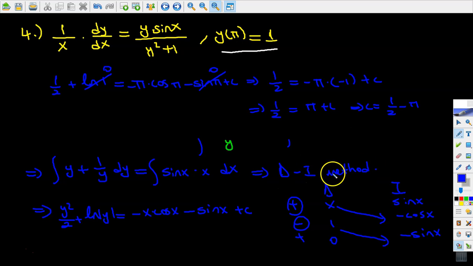Then you're going to take this value of c and substitute it back into the original solution. I'm just going to clean up this part.